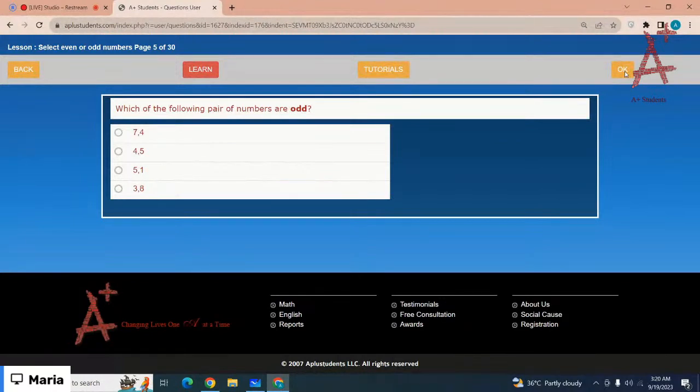The correct option is the one where both of them are odd. 7 is odd, 4 is even. 4 is even, 5 is odd. 5 and 1 is the correct option, because they both are odd.